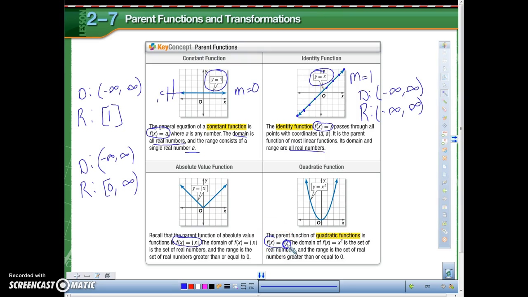The parent function is f of x equals x squared. The domain for a quadratic is negative infinity to positive infinity. Your range works like the absolute value. This graph's never going to go down here, so the very first one it touches is 0, y value-wise, and it goes to positive infinity.